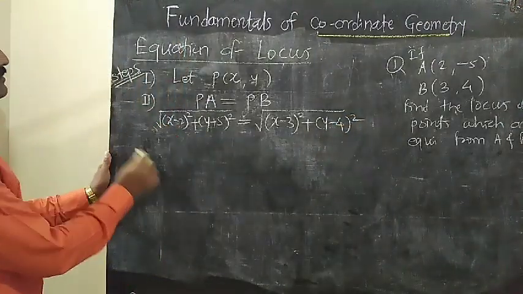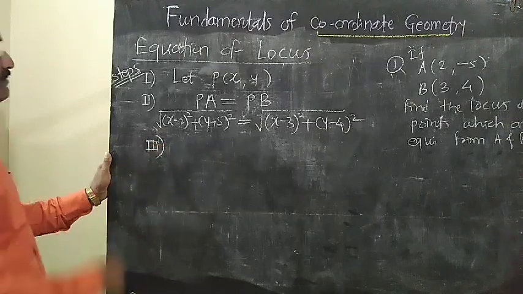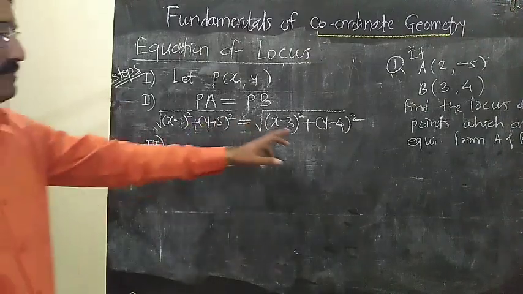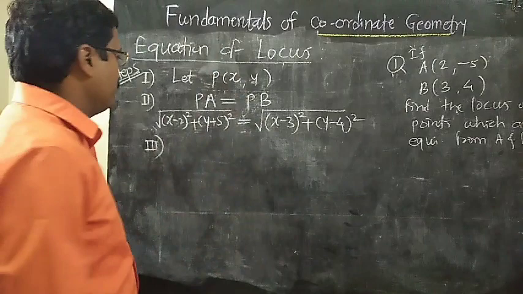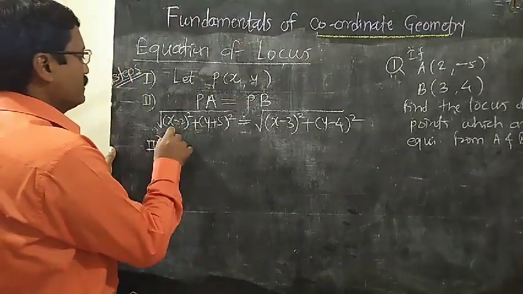Now in the first step, what to do? We have to simplify that. For that, let us take squares on both sides, so this square root will be cancelled.